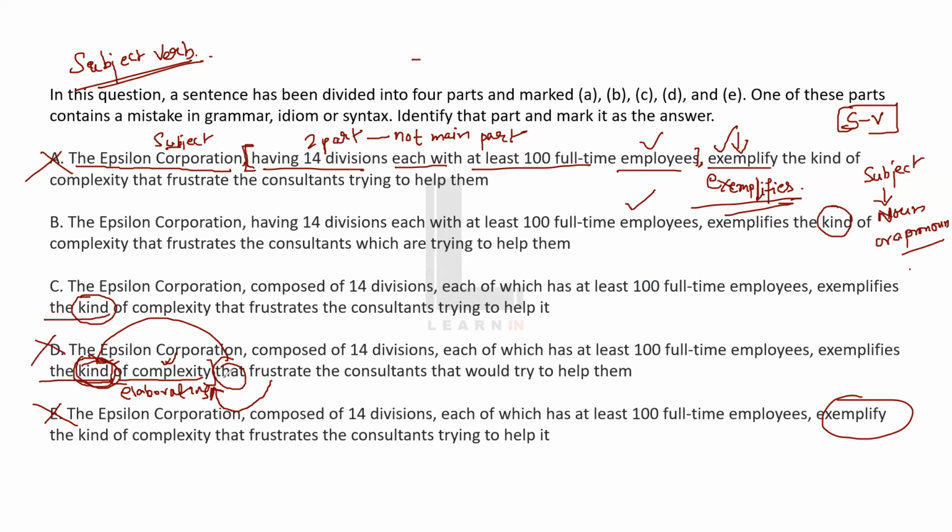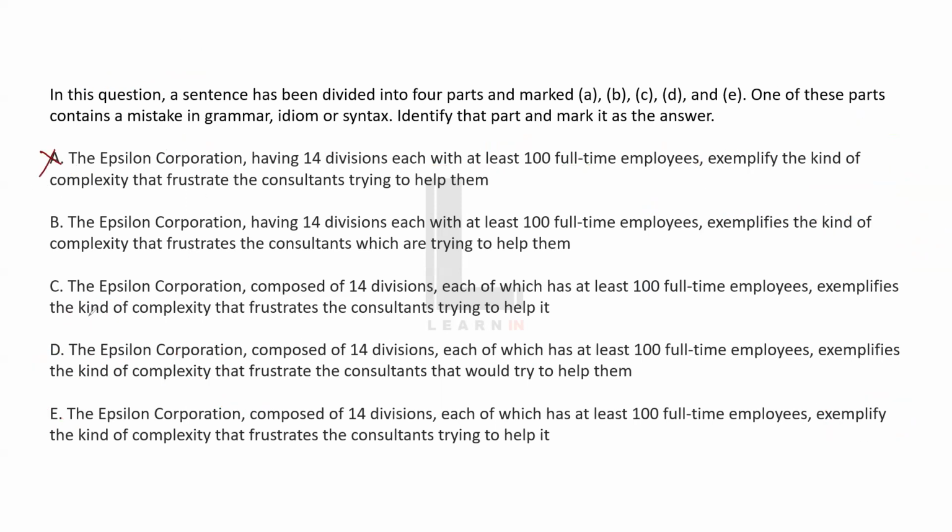So D is gone because we use frustrate, that is plural, for a singular thing. So A, D, and E are gone, right? Okay. The Epsilon Corporation exemplifies the kind of complexity that frustrates the consultants trying to help it and them.